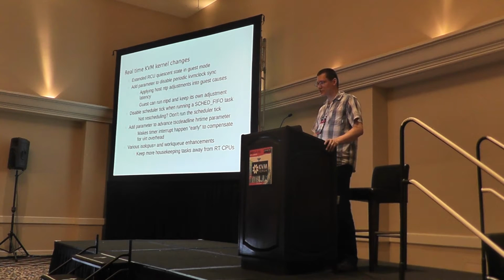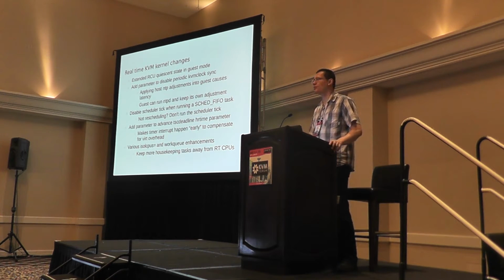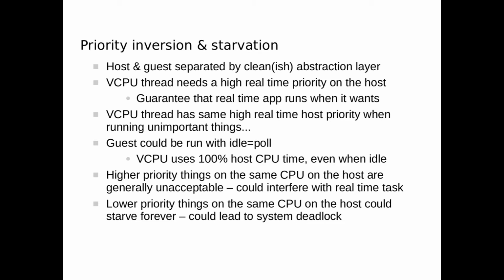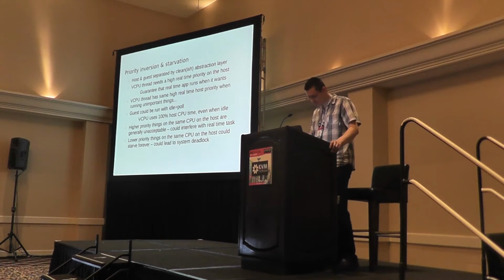We have a parameter to make the timer for a guest fire a little earlier, to take the wake-up latency of a guest into account. And there are various little enhancements to the isolated CPU code and the work queue code, just to move more of the kernel housekeeping tasks away from the real-time CPUs and to the system CPUs.